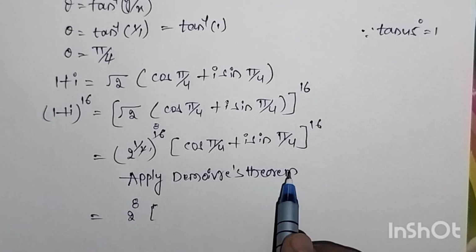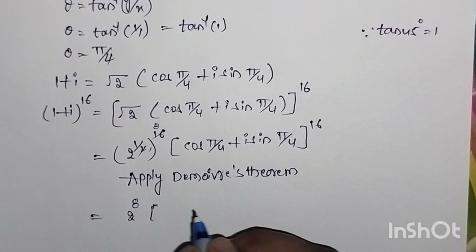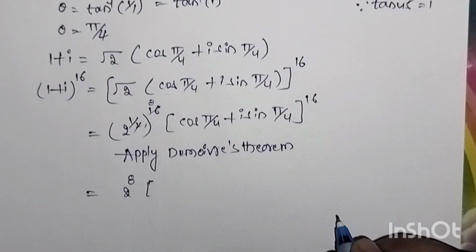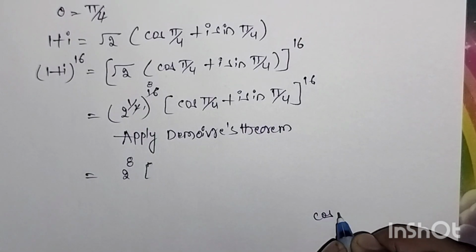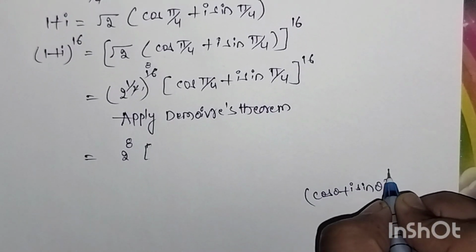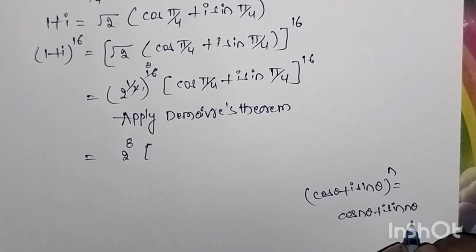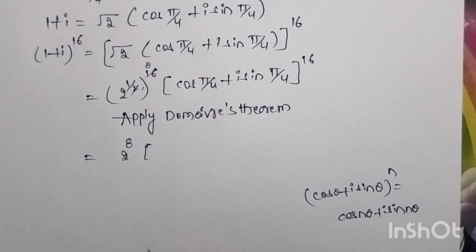So when we apply de Moivre's theorem, the power comes inside. So there is a formula: cos theta plus i sin theta whole to the power n equals cos n theta plus i into sin n theta. This is de Moivre's theorem formula.